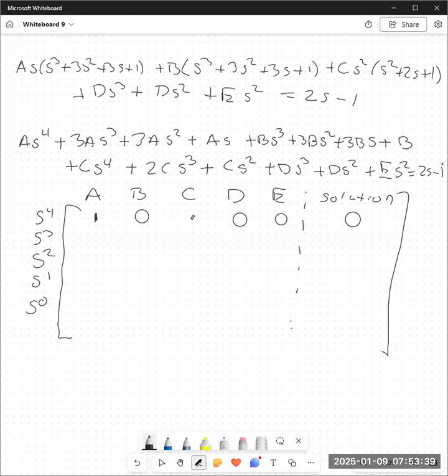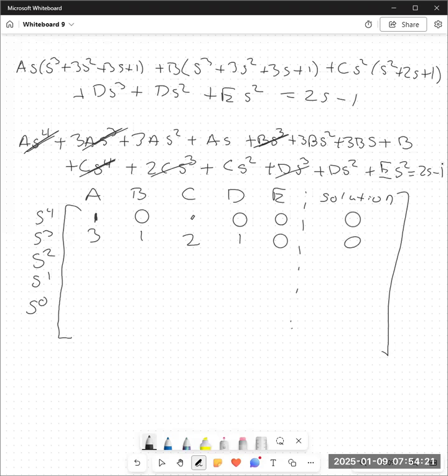No. So for my s cubes, I have 3a, 1b, 2c, and 1d.